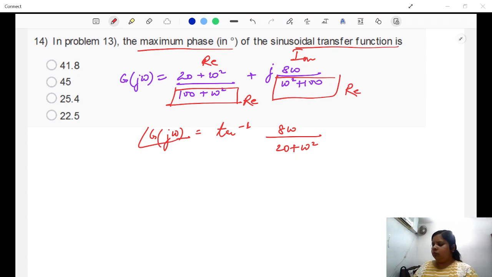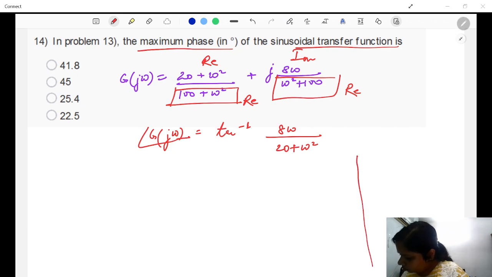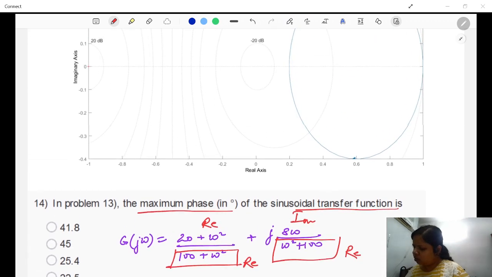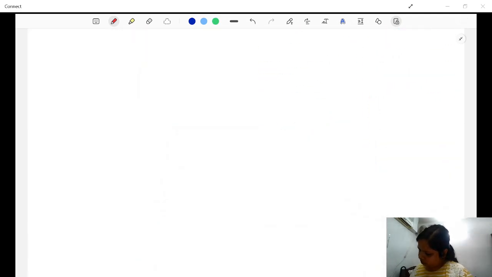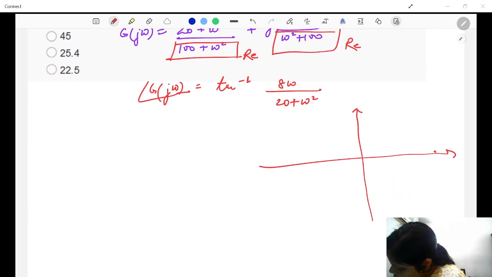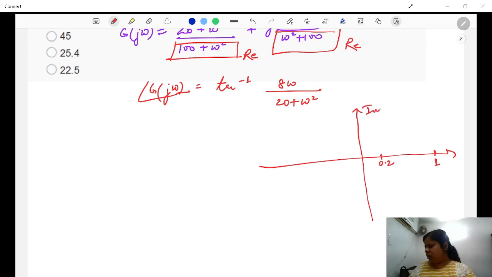So we already know that it is a circle, right? So let's plot it to be a circle. It was at 1 and 0.2. Here it is 1, here it is 0.2. This is imaginary, this is your real.